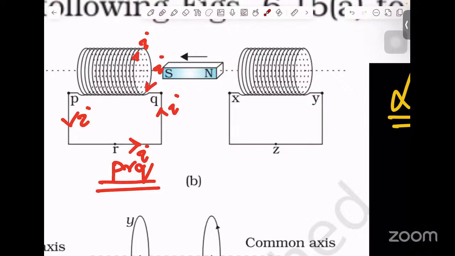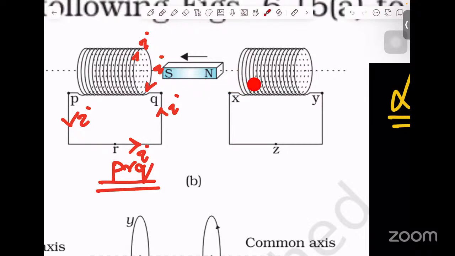If the north pole is actually moving away, then what should happen? Lenz's law says that it should always oppose the cause. That means if the north pole is moving away, this should act in such a way that it will bring it towards the coil, because the cause was moving away.